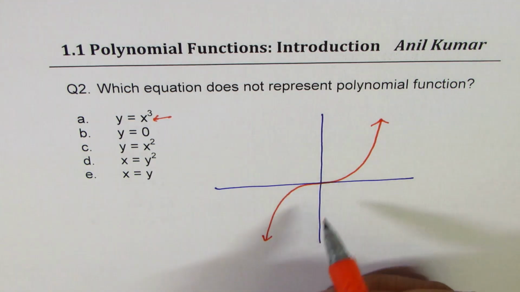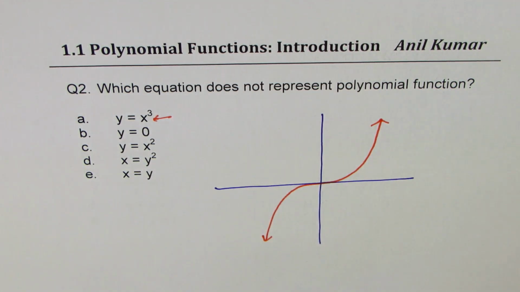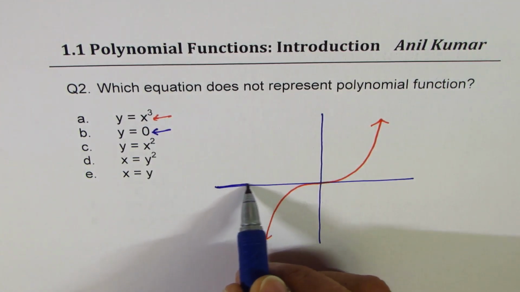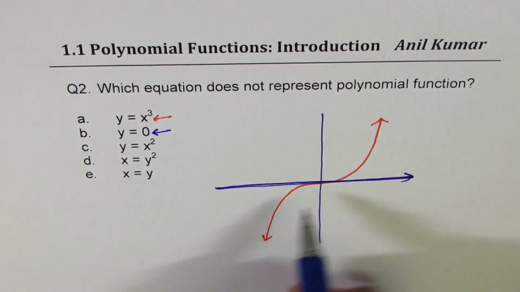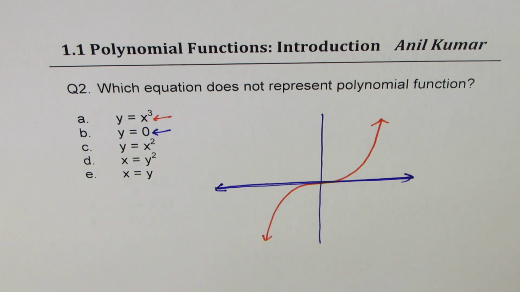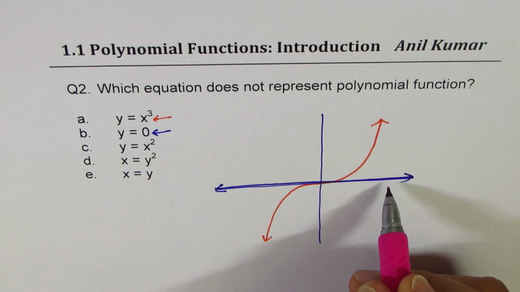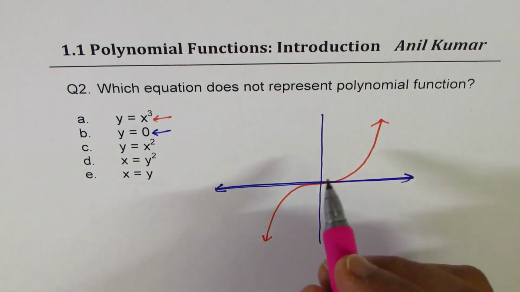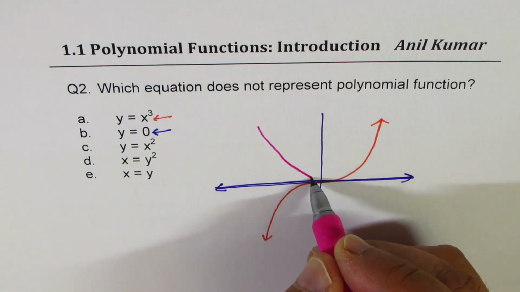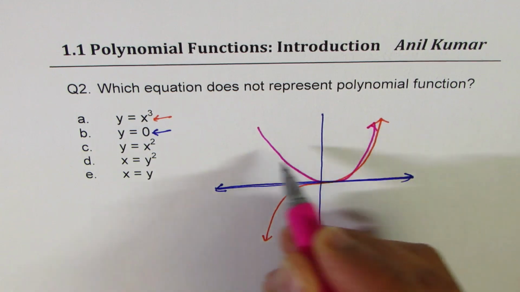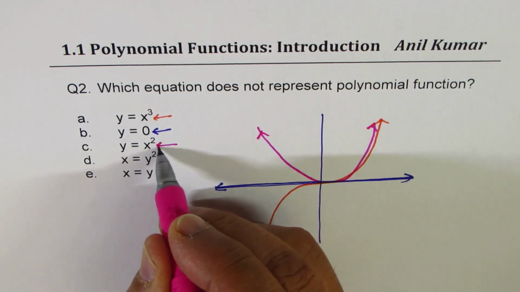That is how a cubic function will look. y equals 0 is actually the x-axis. y equals x is a linear polynomial function. Is that okay? y equals x squared is kind of like this.